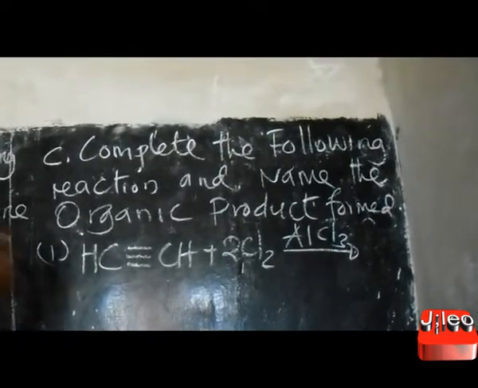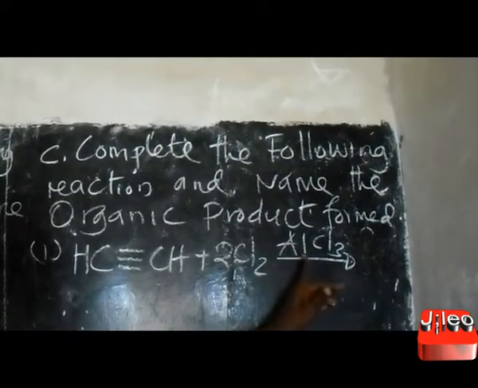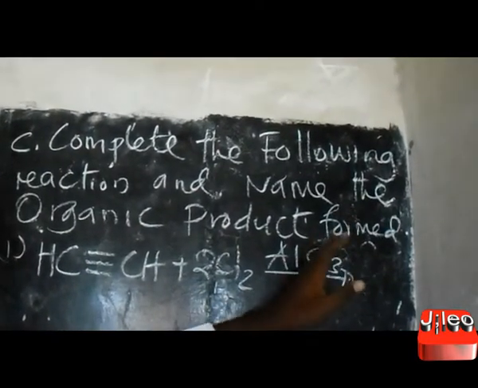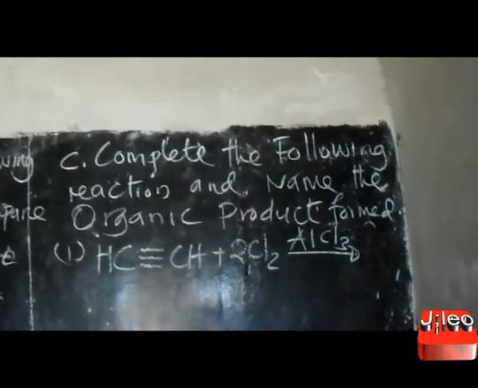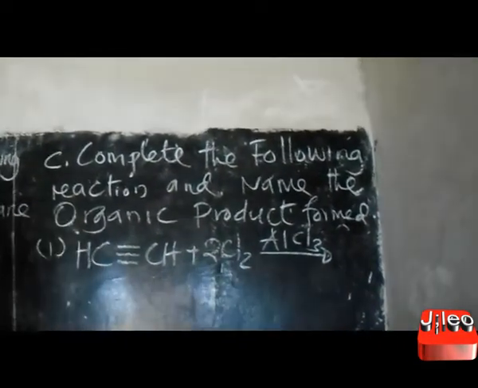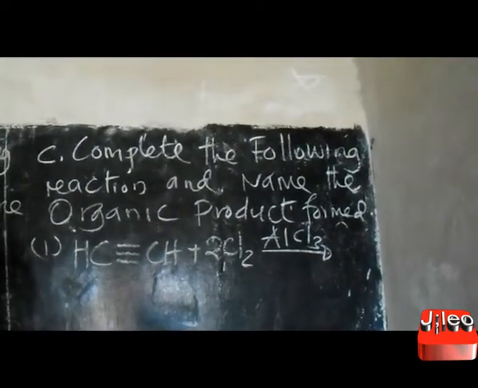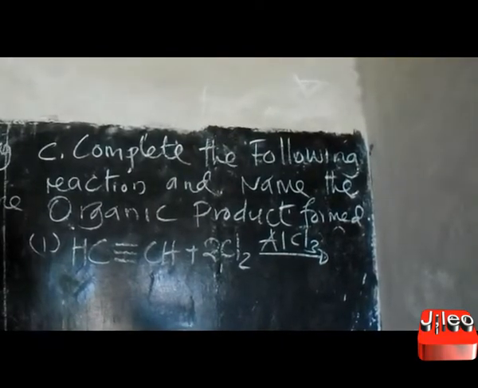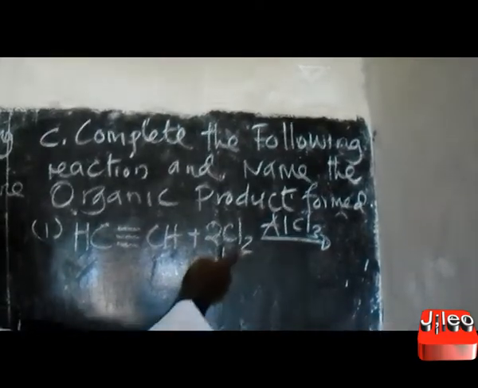alkyne, as you can see, alkyne plus chlorine gas and Lewis acid, aluminium trichloride. So now we find that the Lewis acid will force this alkyne to produce something known as a vicinal compound, the compound you are going to see here.